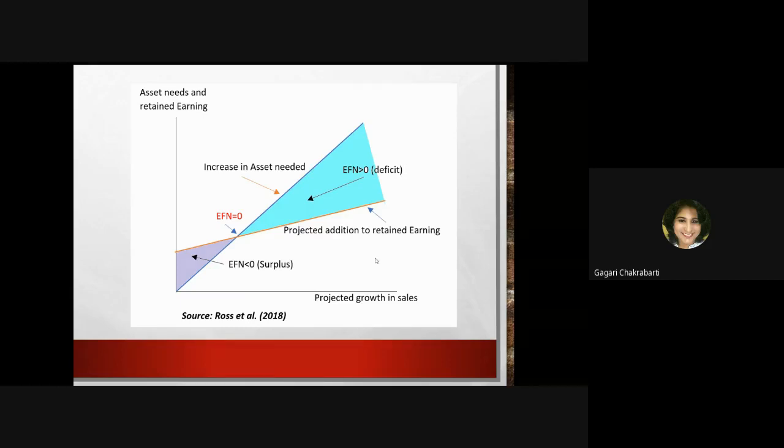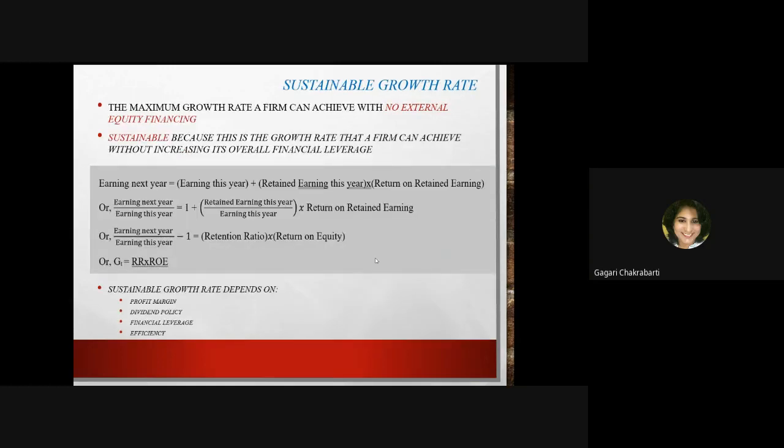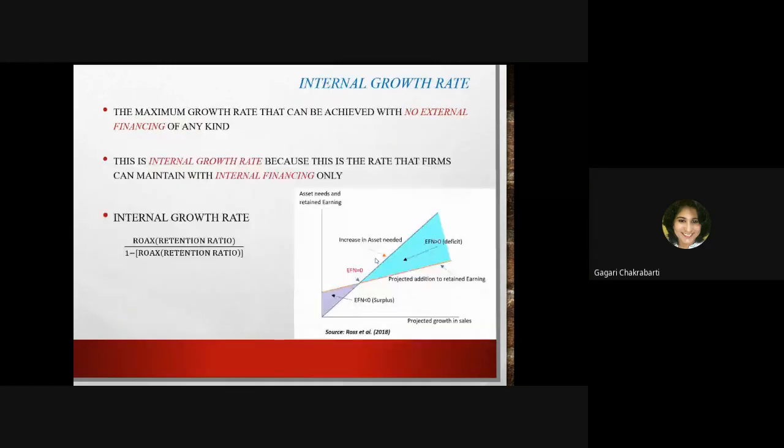Okay. Now, from here, we can actually consider two other very important growth rates. The one is called the internal growth rate, and the other will be called the sustainable growth rate. Now, the internal growth rate is the maximum growth rate that can be achieved without any external financing. So suppose the firm is not going for any kind of external financing.